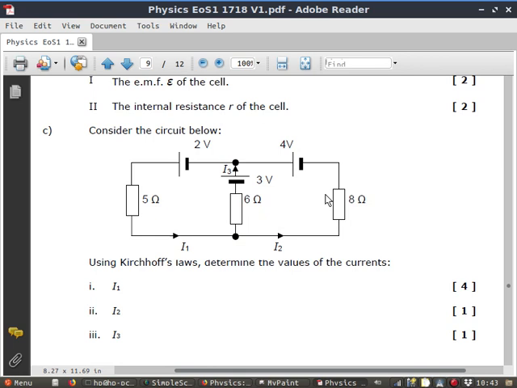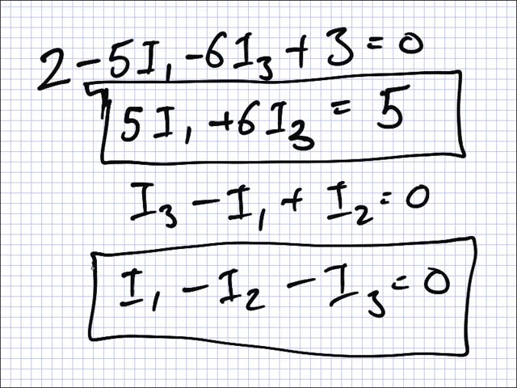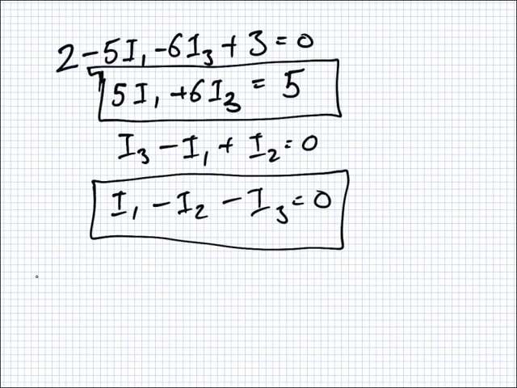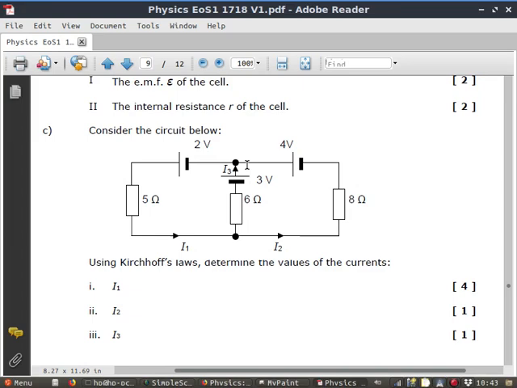And lastly, let's loop around the right. 4 minus 3. Now what's happening here? The current is going up, but we're going backwards through it, aren't we?